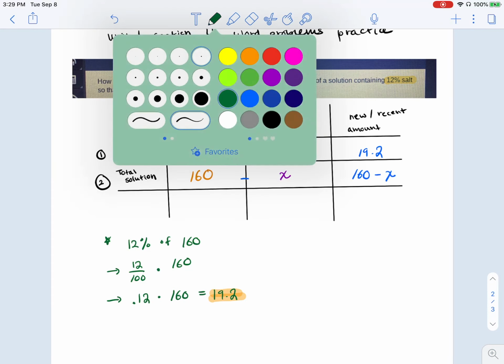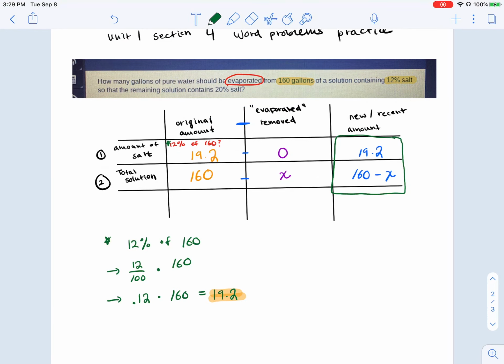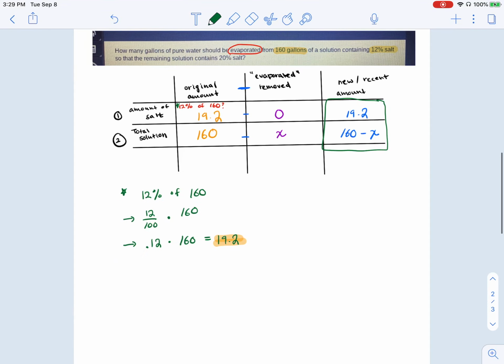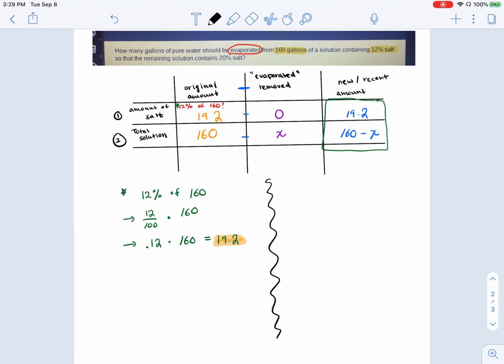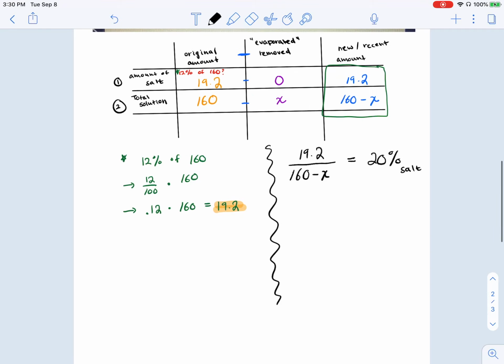So we want this to be 20%. I'm just going to draw a line here so we don't confuse it with our previous calculations. If we get 19.2, the amount of salt, over our total amount, 160 minus x, it should equal 20% salt, because that's what we're looking for. So the salt over the total should give us the percentage of 20%.